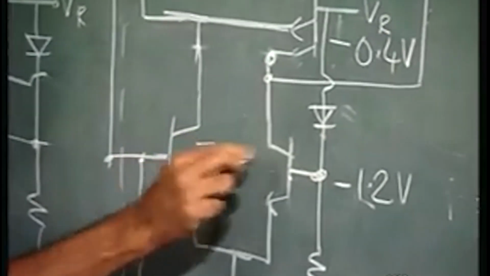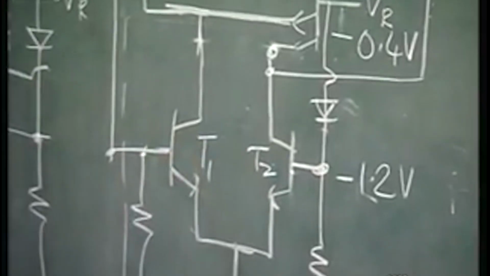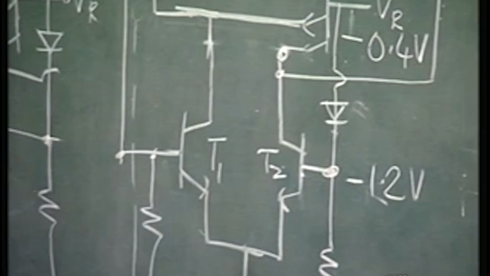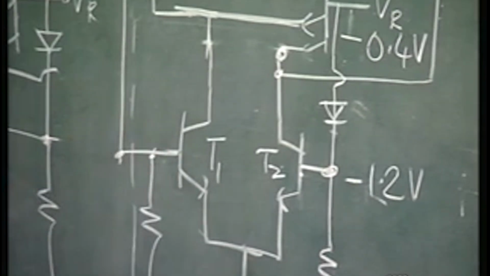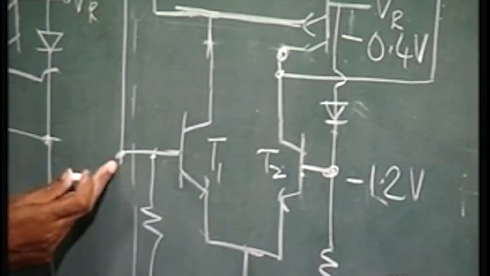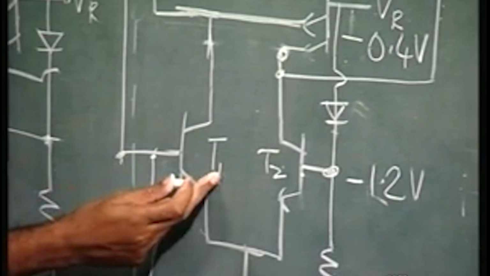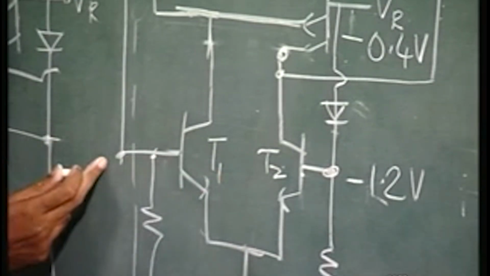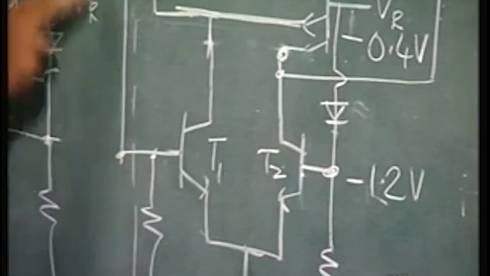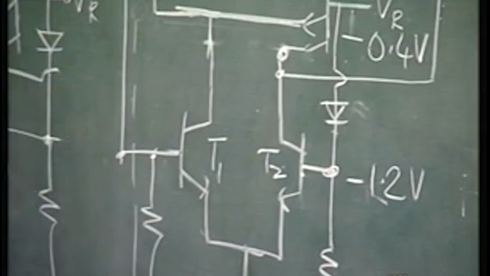T1 and T2 form an emitter coupled structure. The base of T1 is minus 1.2 volts, and the variation at the other base is minus 0.8 to minus 1.6. If this is minus 0.8, T1 will be on. If it is minus 1.6, T2 will be on. So, again you see that there is perfect voltage compatibility.